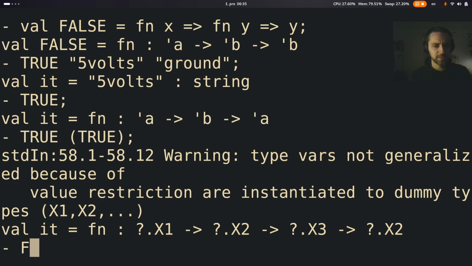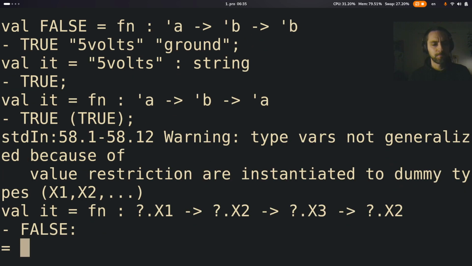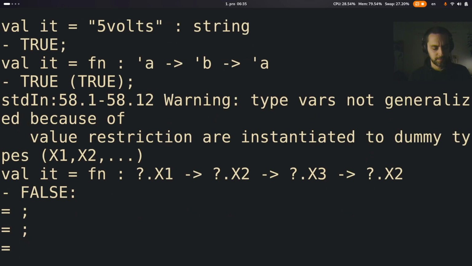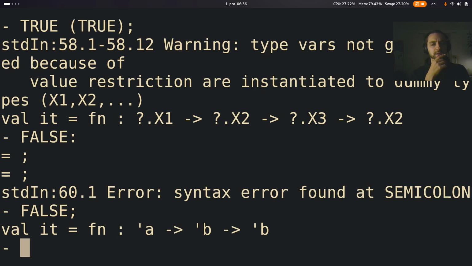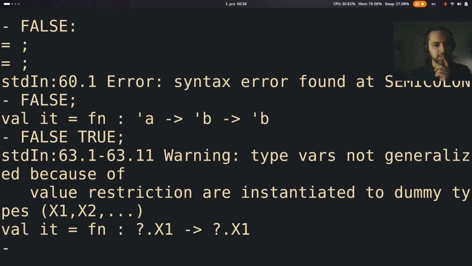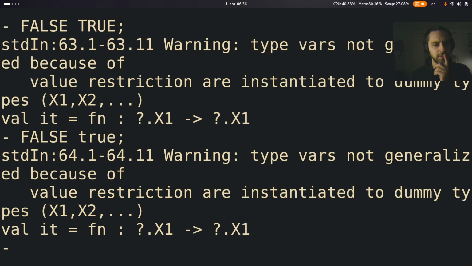Well, false. False. What does false give us back? Nothing. Well, you could do false true. I can't. Right, I can do only false true. No, I can't. Oh. Wait a second.